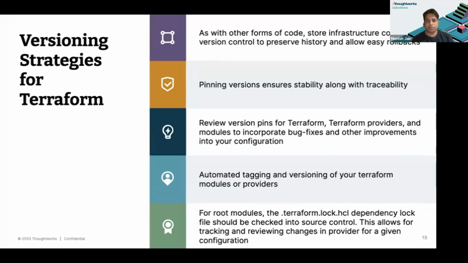Another thing that is very important, specifically when we take Terraform as an example, is pinning of versions. As we saw, we can reuse modules, and we can have providers for various cloud platforms and other kinds of infrastructure. Rather than always pointing to the latest, we should always pin the version that we want to use.